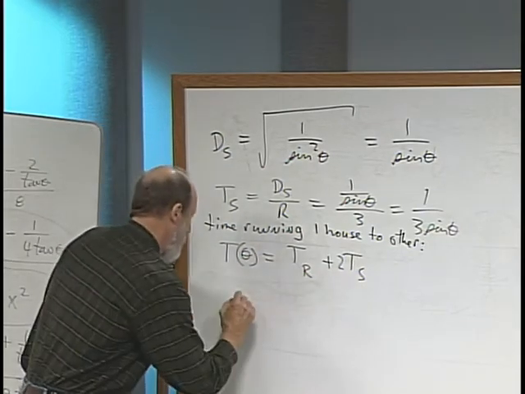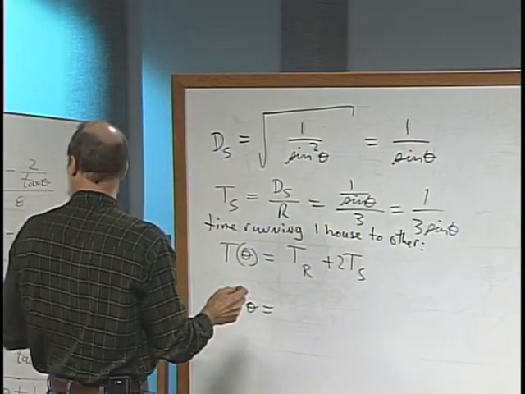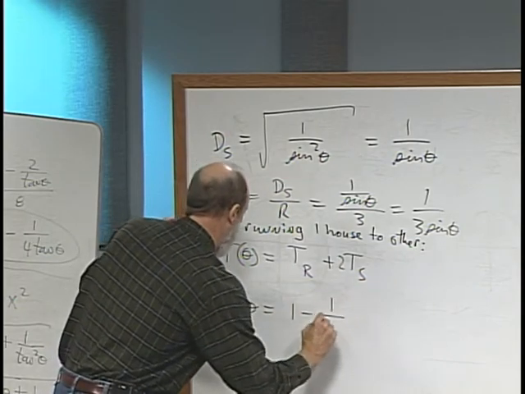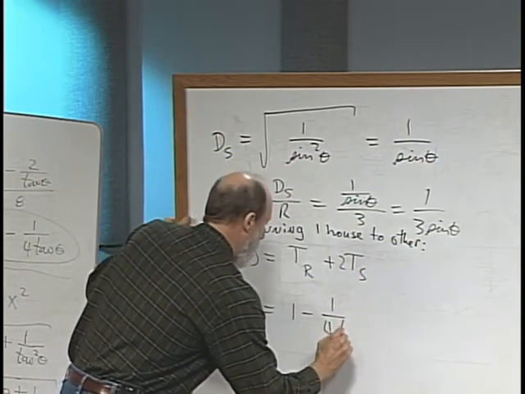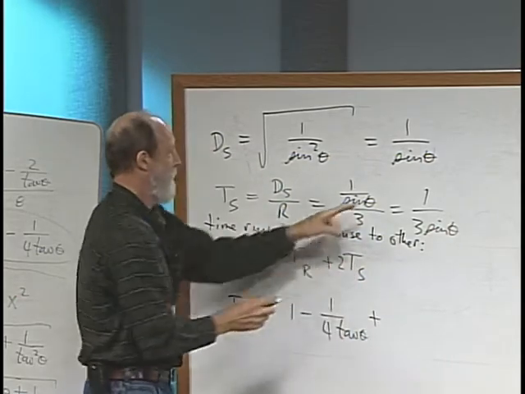Then we drop in the given information, and we should come up with an equation that was shown to us in the book. And so we have the time on the road is 1 minus 1 over 4 tangent theta. And then we have to add to that 2 times this value.